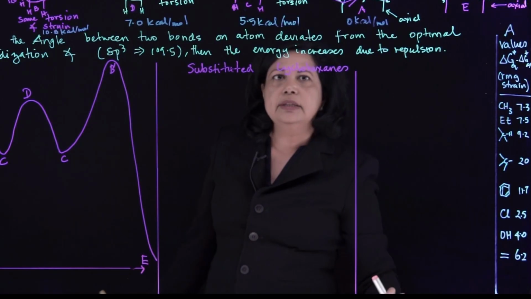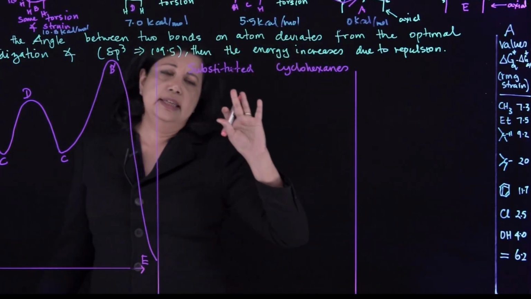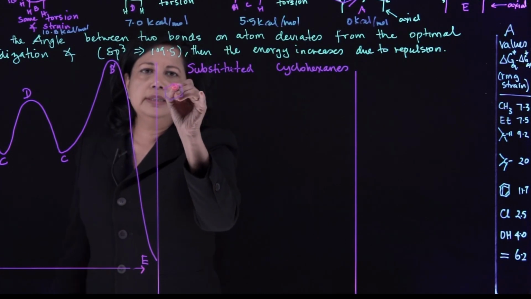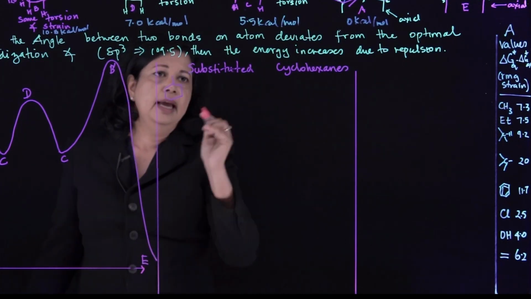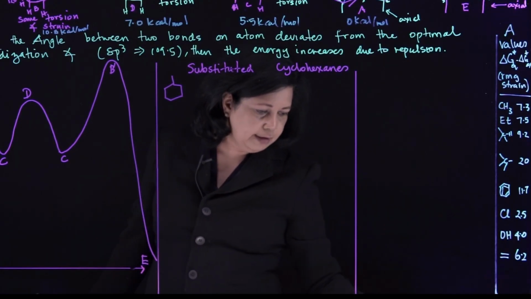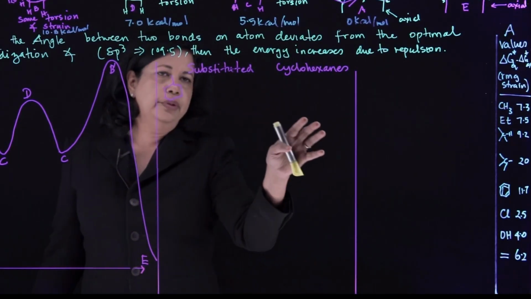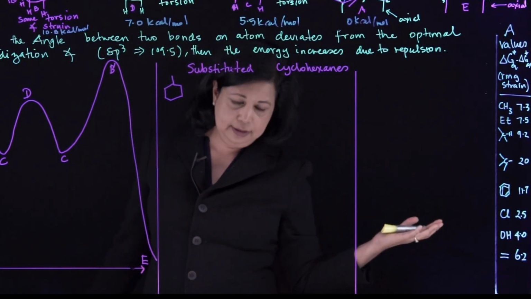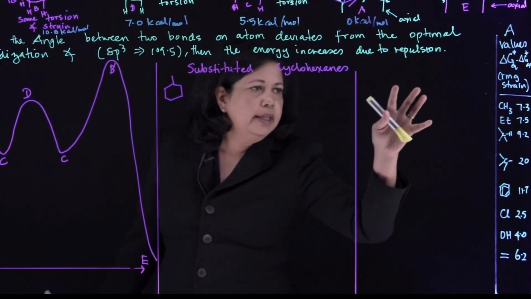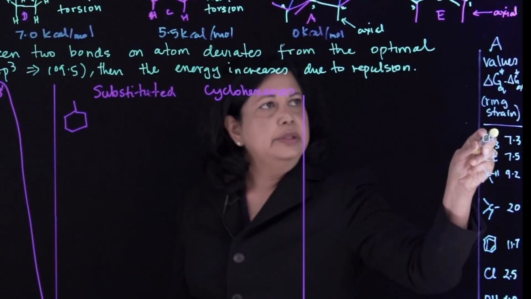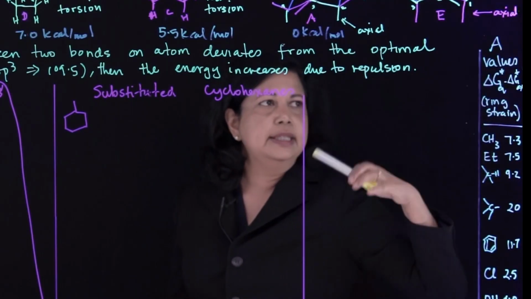All right, so substituted cyclohexane, let's take the simplest possible, which is just methylcyclohexane. And so there's again 2 ways of drawing chair forms, and we will draw both chair forms, and then we will decide which one is more stable, and we can also do a calculation. Now we have values here, A values. What does that mean?